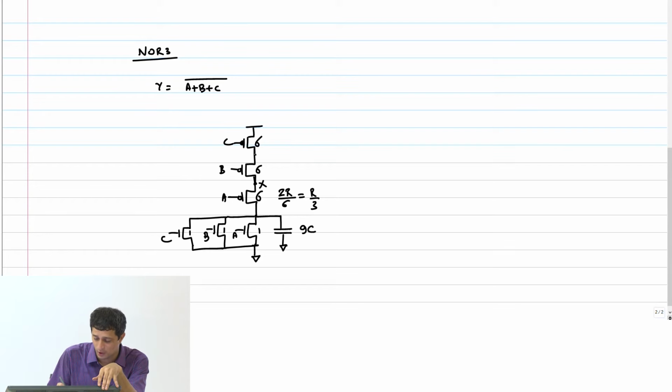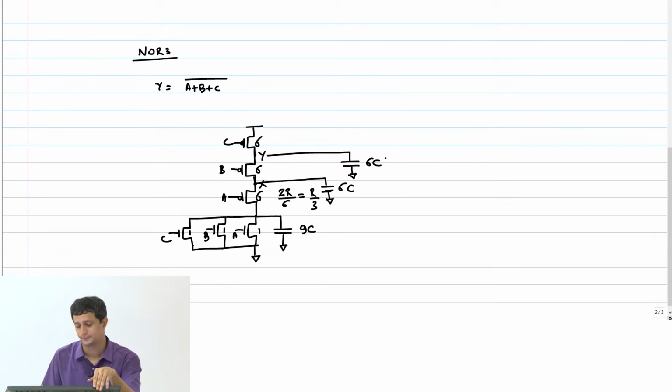Node X, node Y? Shared uncontacted diffusion again. So therefore I can put a capacitance of how much? 6C here. Similarly Y, another 6C. Okay?